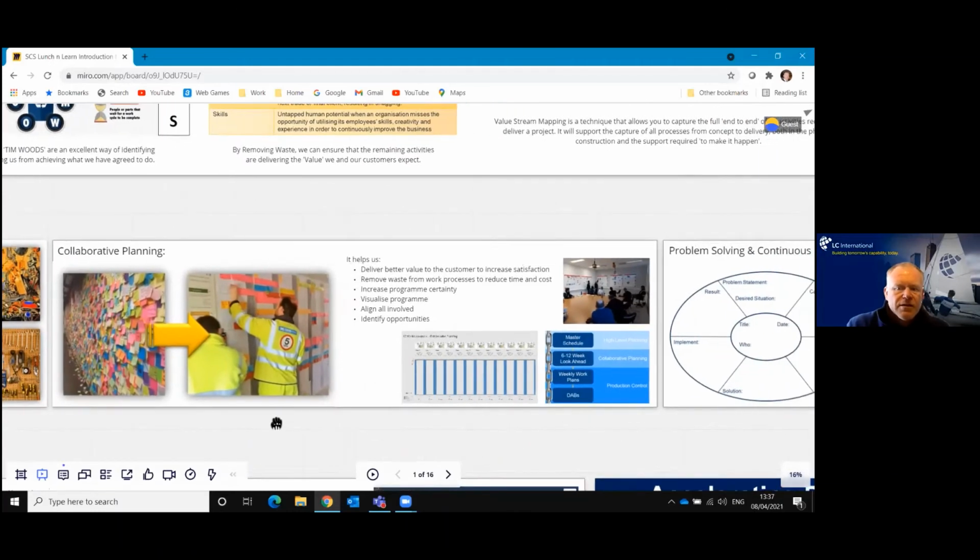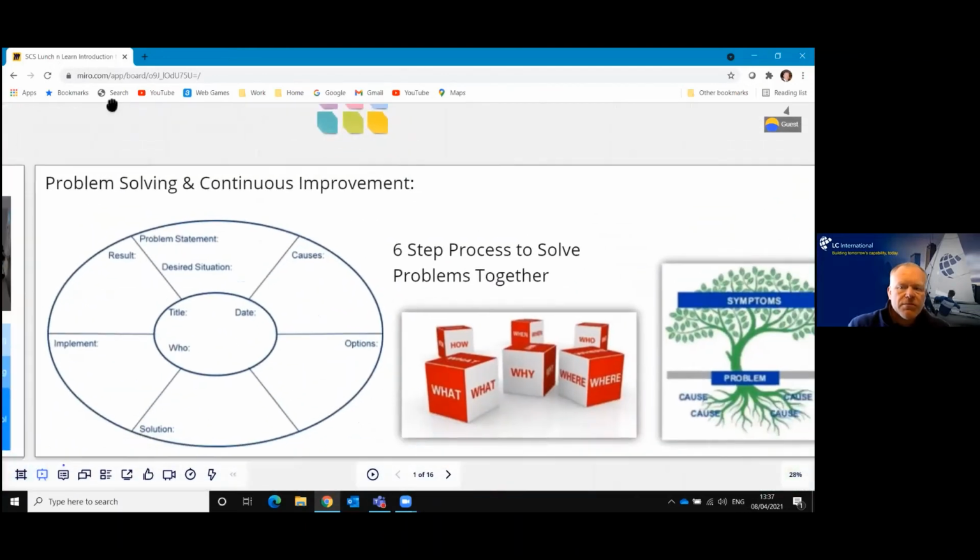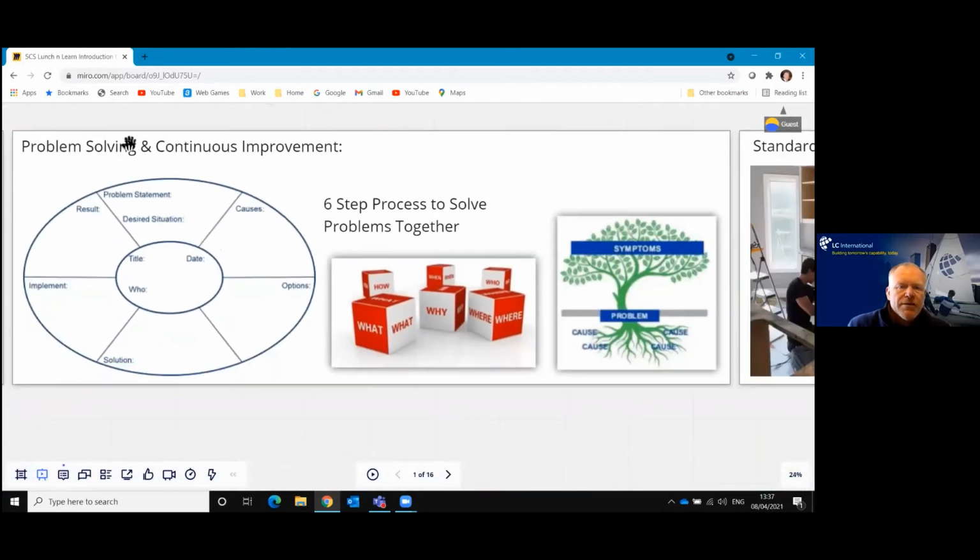The next lean construction technique is what we call problem solving and continuous improvement. And this is where we start to think about the issues that we face with the plan that we've set. Not all plans will go according to plan, and we can use problem solving across our supply chain and the people we work with to say, okay then, what was the problem that we faced?